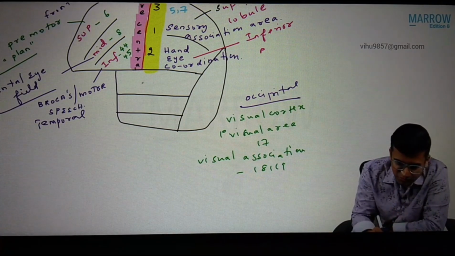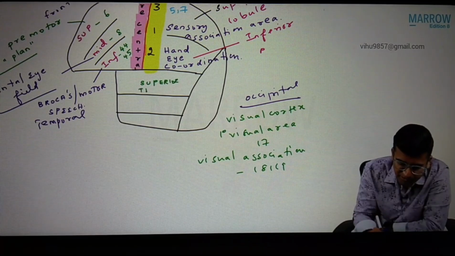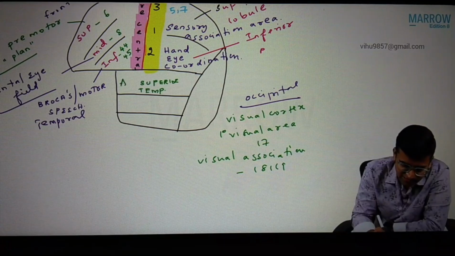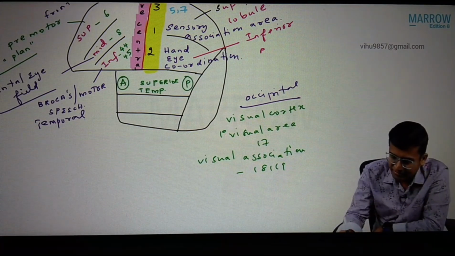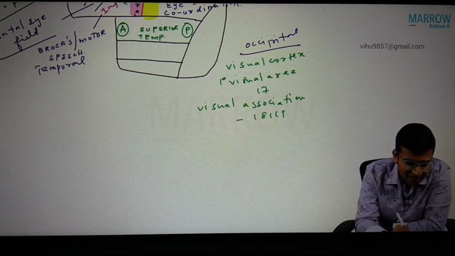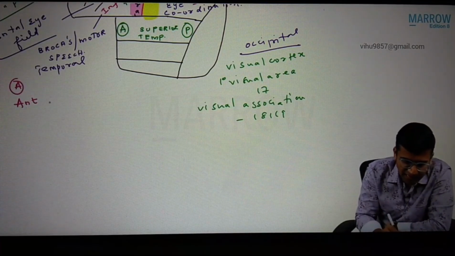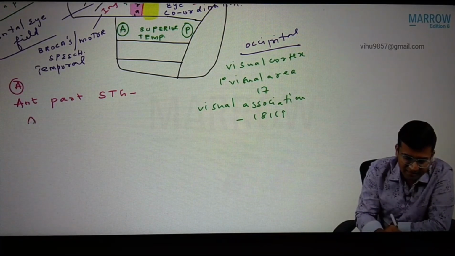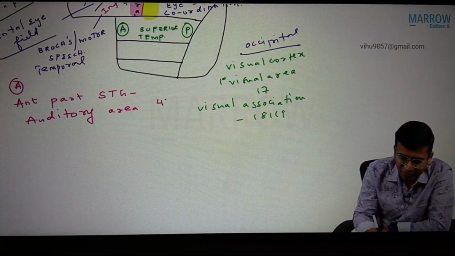Now this is superior temporal gyrus. This is A and this is P. A is the anterior part of superior temporal gyrus, that is the auditory area, area number 41, 42.